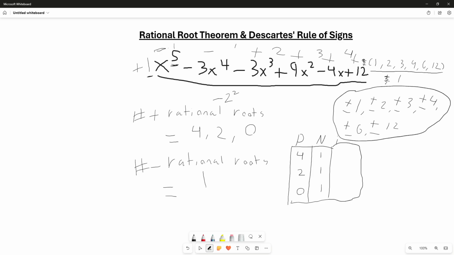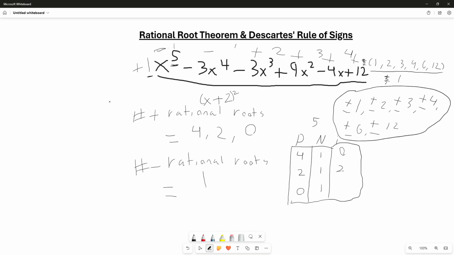So there could be, like, (x + 2) squared would give you 2 -2's as a root. So we know that there has to be 5 total. So here there's 4 positive and 1 negative, which means that there can't be any imaginary because 4 plus 1 is already 5. Here there's 2 positive and 1 negative, which means that there have to be 2 imaginary.